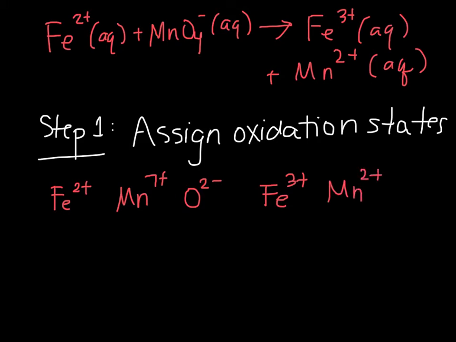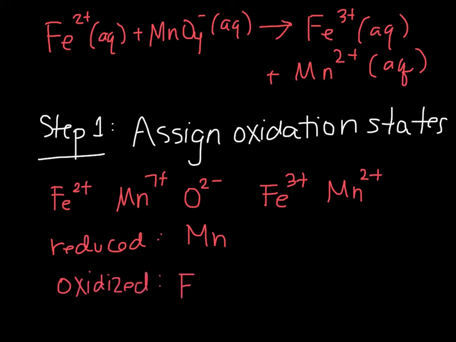The one that's being reduced is manganese because it's going from 7+ to 2+, and the one that's being oxidized is iron because it's going from 2+ to 3+.